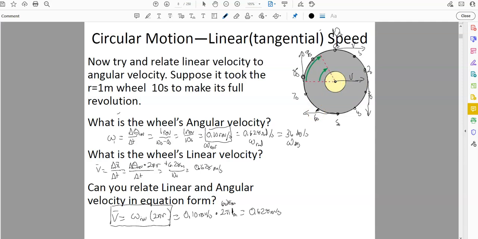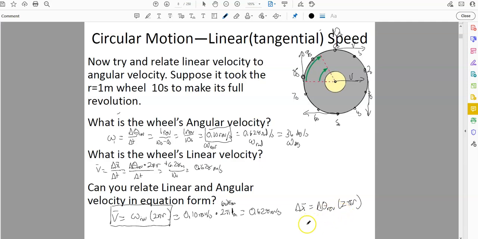Okay? So this is a real cool way to relate angular velocity to linear velocity, it's just really all you're doing is multiplying it by 2 pi r. Kind of in the same way that we related linear displacement to angular displacement, right? It's the same thing, okay?